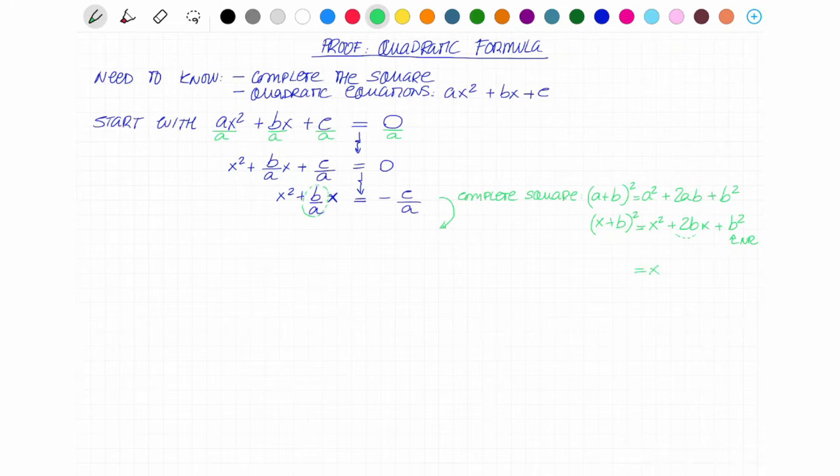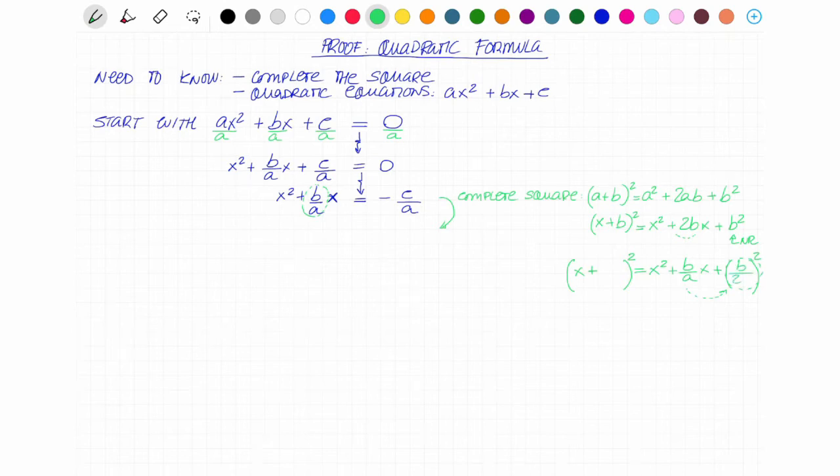So what we're trying to do is: okay, if I've got the x squared and I've got the b over a x, what do I have to put here as a something square, so I can put it here when I contract that binomial again? So it's as simple as dividing that term by 2.